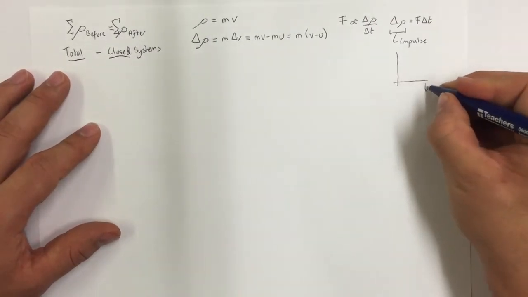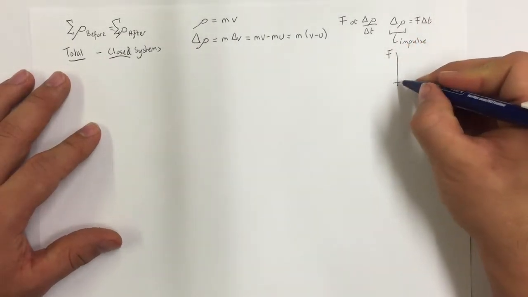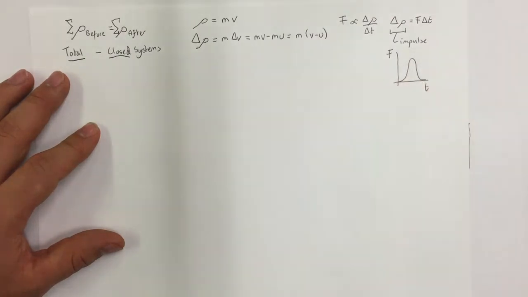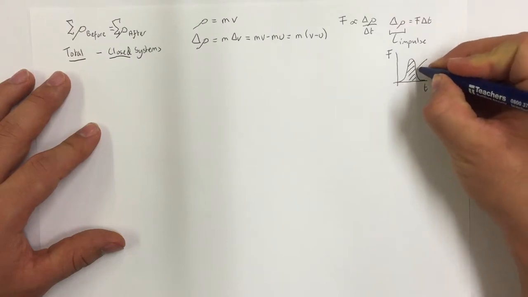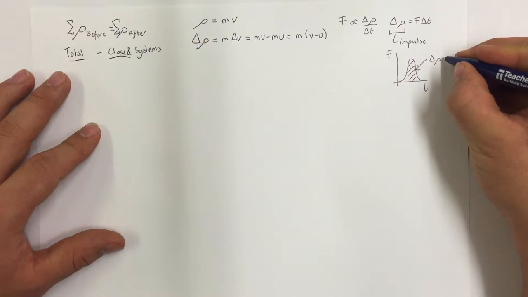So if it's a momentum question, you will most probably have a force time graph, and for a collision, you will have a collision, possibly like so, and the area under the graph here, this is delta p, which is the impulse.